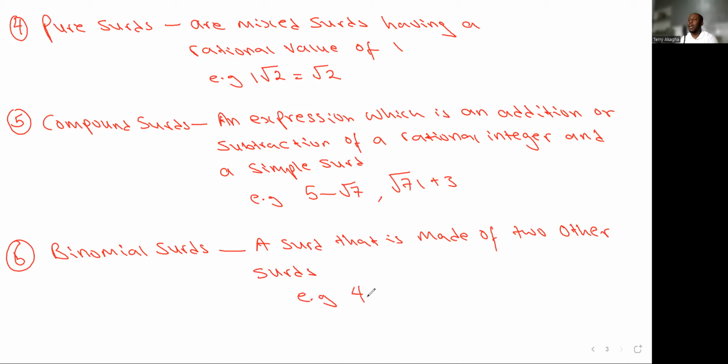So for example, we have root 7 minus root 7 plus root 5. This is what we call a binomial surd.